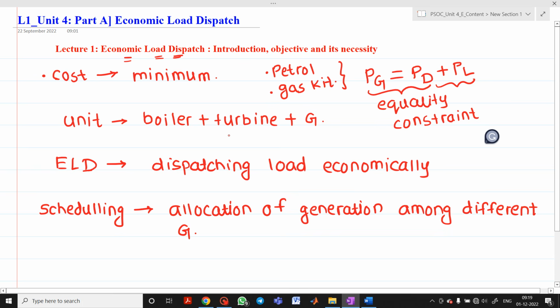So how can we describe economic scheduling or economic load dispatch? It is a cost effective mode of allocation of generation among different units in such a way that the overall cost of generation should be minimum.